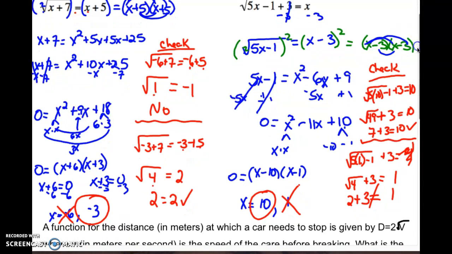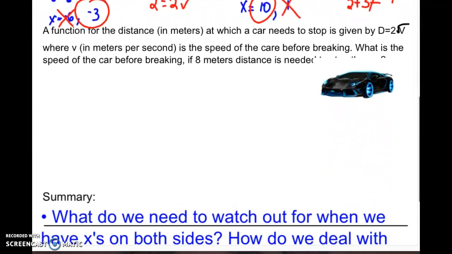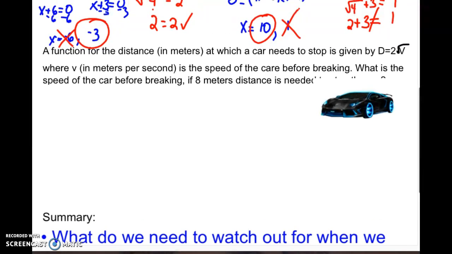And then our last problem here for today. It's a word problem, but let's not panic on our word problem. Let's read it carefully. The function for the distance in meters at which a car needs to stop is given by this formula.